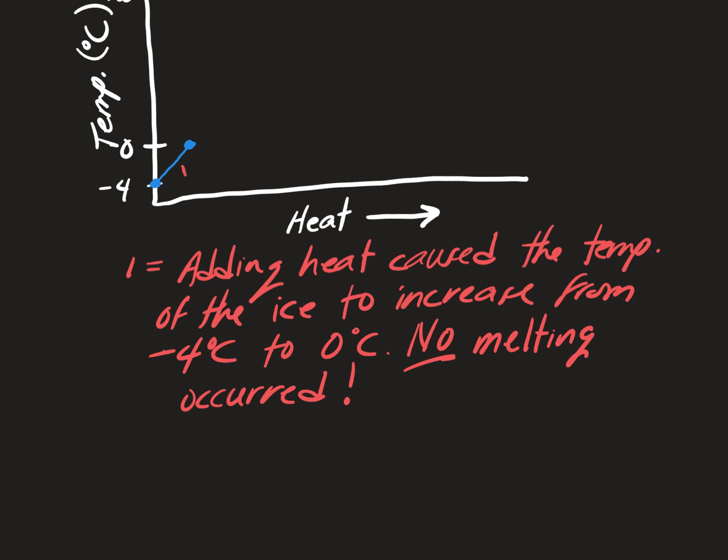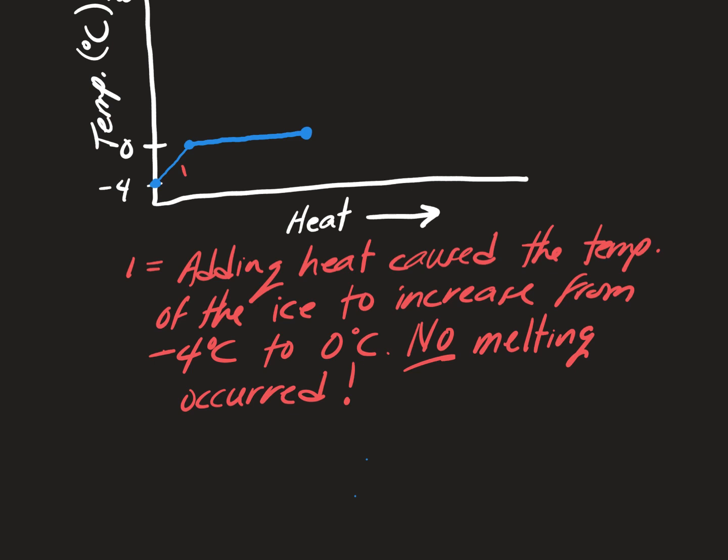Okay, now as I'm talking through this, I'm going to draw on this graph. Once we have the solid ice at 0 degrees Celsius, now we go from all solid and we start melting. But during this melting phase or melting part of the graph, temperature did not change. Okay?